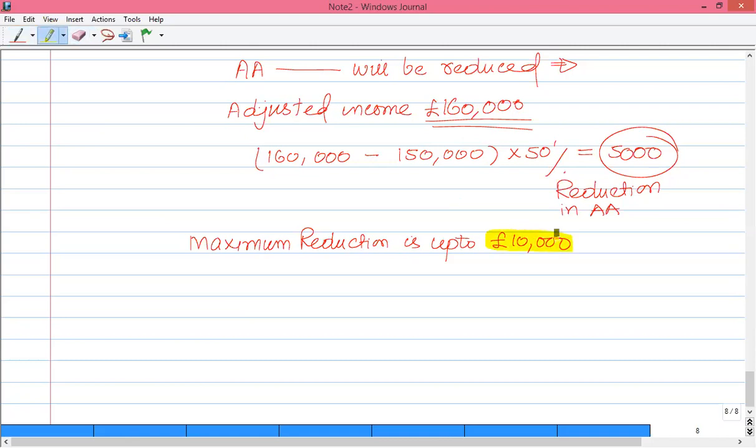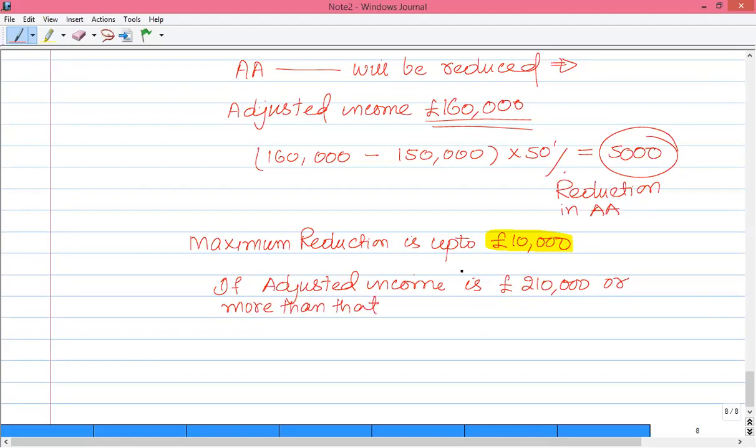So if adjusted income is 210,000 or more than that, then AA would be 10,000, as it is restricted.